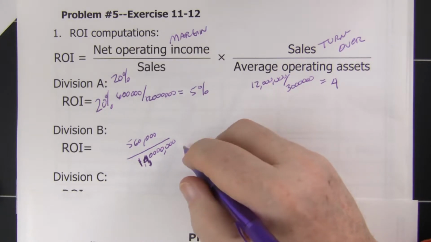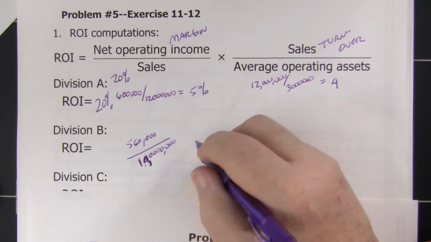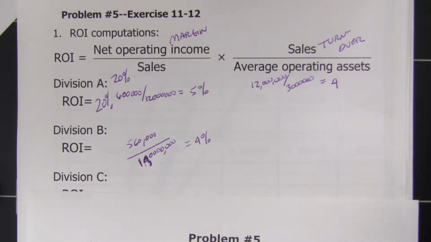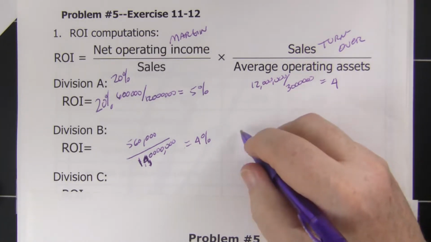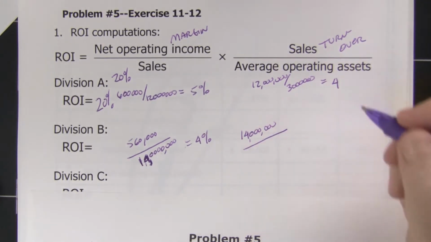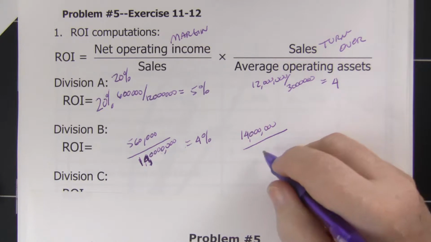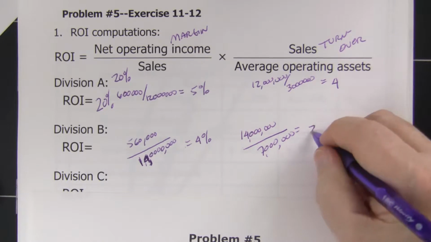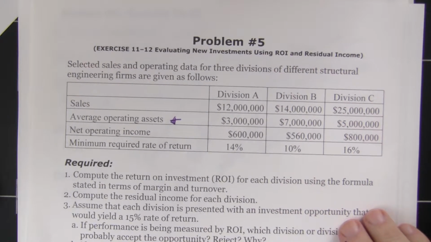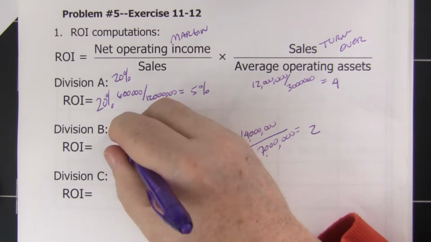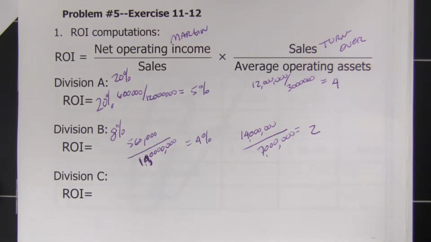So that gives us a margin of 4%. Again, we take the same sales number, 14 million, and divide that by the average operating assets of 7 million. And again, these numbers are all given to us. They're all there in the problem. So 2 times 4, that's 8%. Just like it was back in 3rd grade.